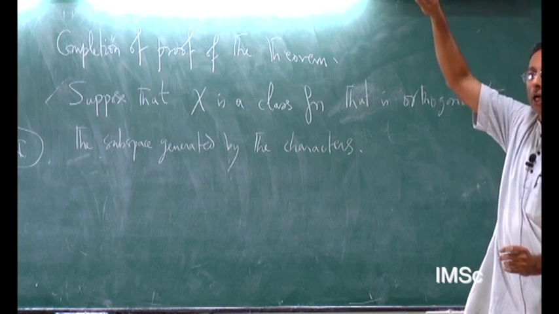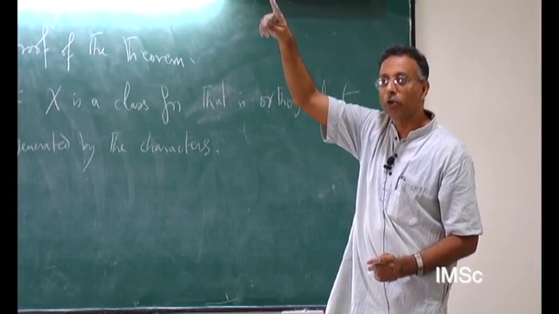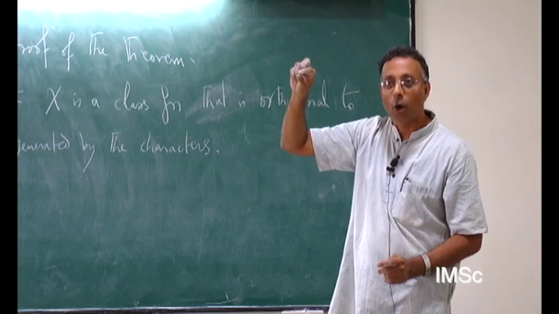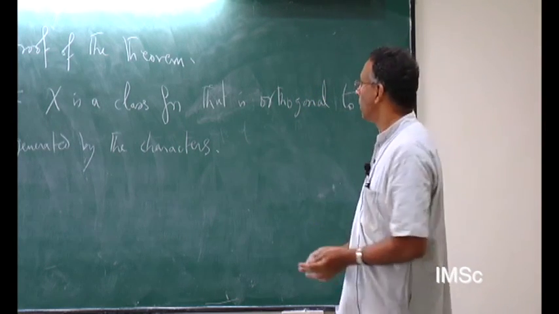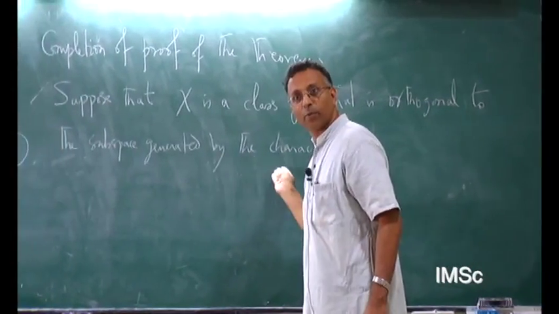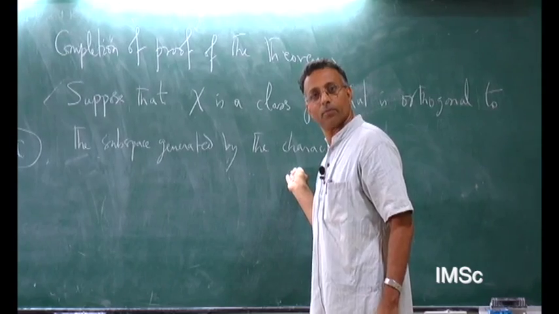So we will show, since I'm going to use the inner product, I'm going to take something that is orthogonal to all of this. In other words, I'm going to show that the perp of this subspace is 0. That's good enough.